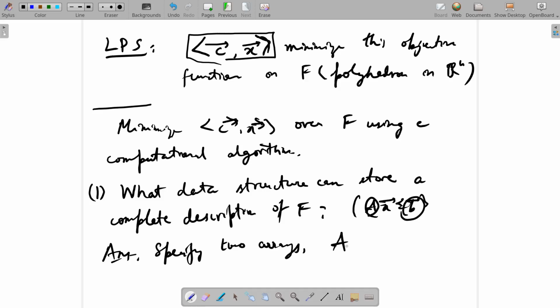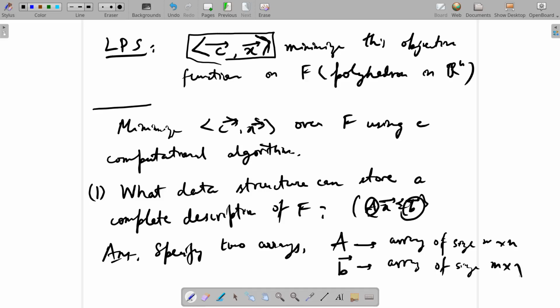A will be an m by n array, where n is the dimension of whatever space your vector x lies in, and m is the number of inequality constraints that you have. So A is an array of size m by n, and b is also an array, of size m by 1.